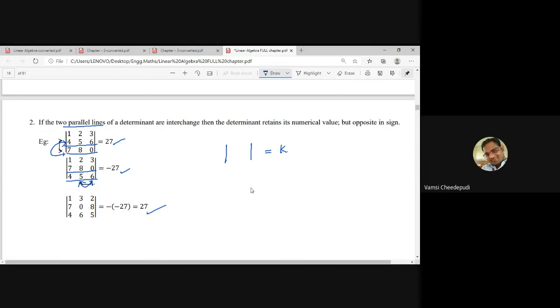If you interchange two rows, then the resultant matrix determinant will be minus k. If two parallel lines of a determinant are interchanged, then the determinant retains its numerical value, but is opposite in sign. K as it is, but changed in sign. 27 as it is, but plus 27 becomes minus 27.